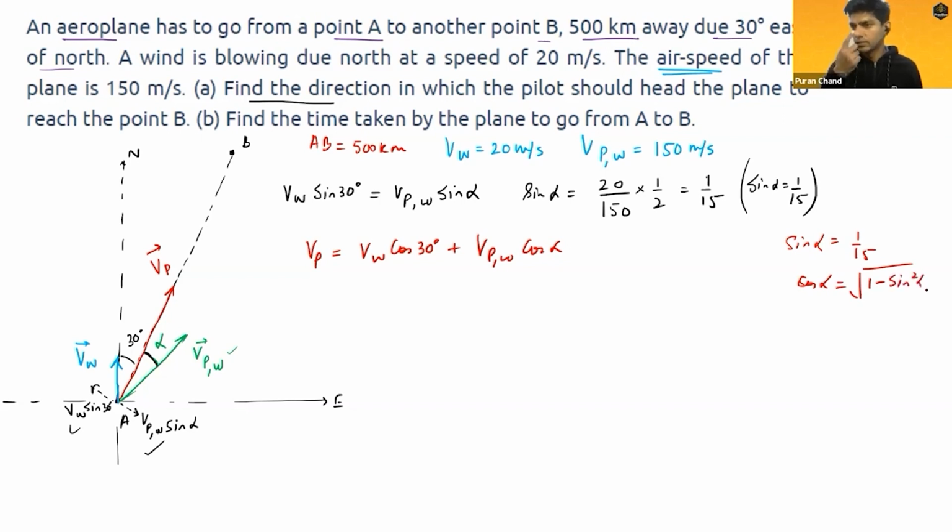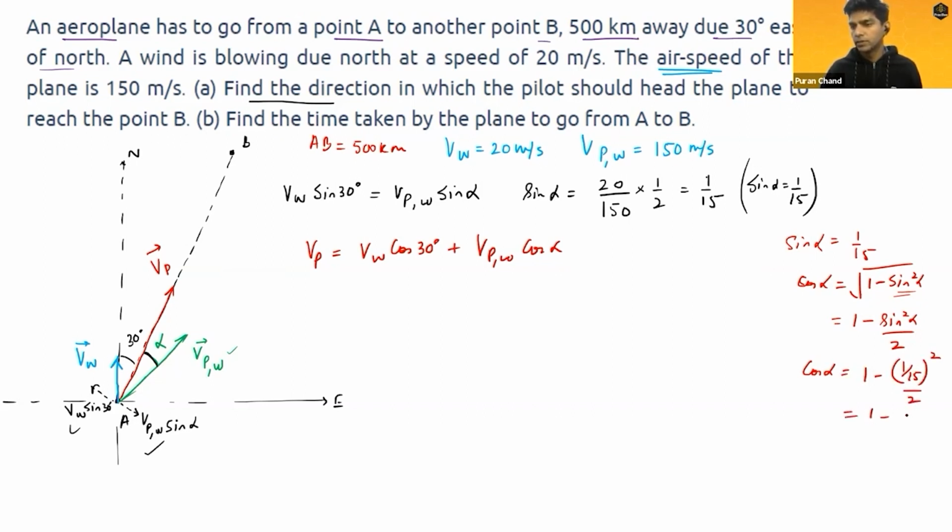And since sin alpha is very small, you can apply binomial approximation and write it as 1 minus sin square alpha by 2. Is it clear?